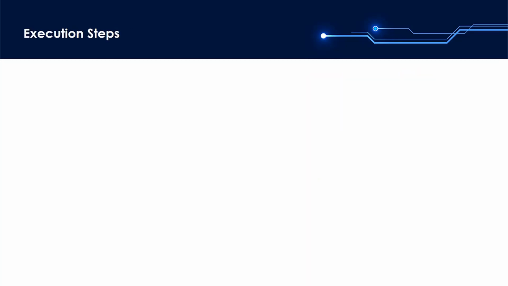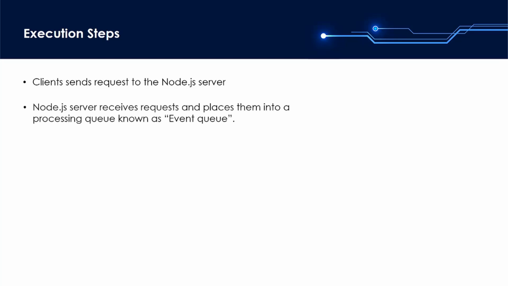The execution steps involved in the execution model of Node.js are quite simple. Whenever a client sends requests, the request goes to the Node.js server, and in turn, it places the requests into the event queue, which is the event processing queue. The Node.js server will then use the JavaScript event loop to process each and every one of the requests.